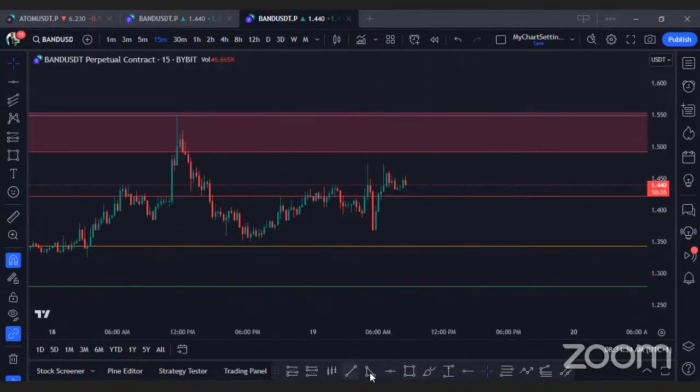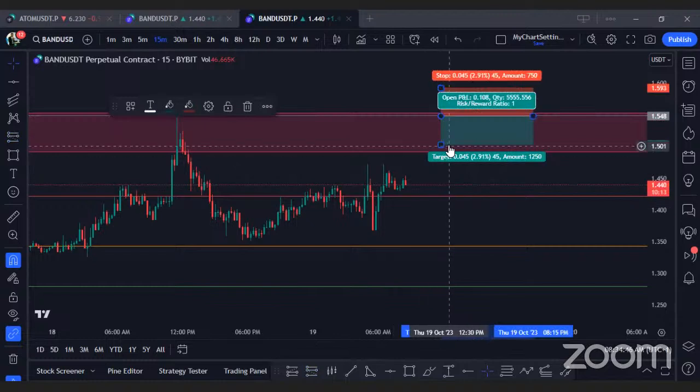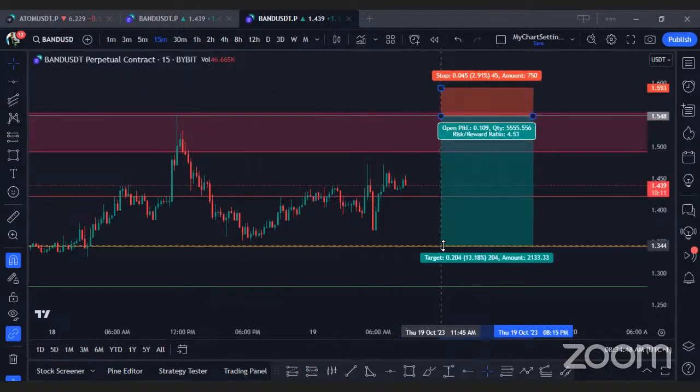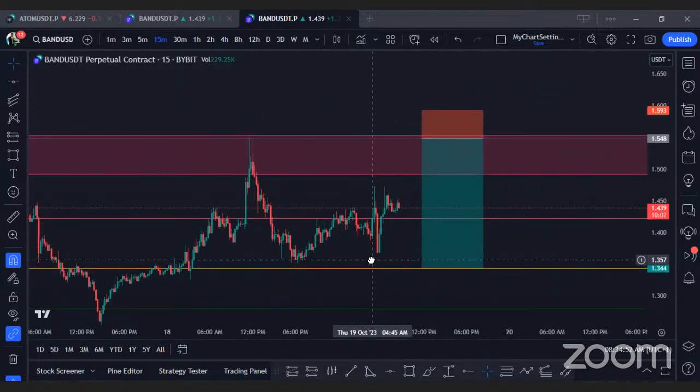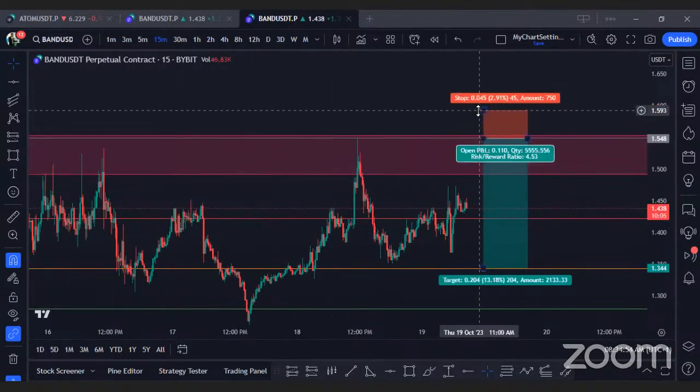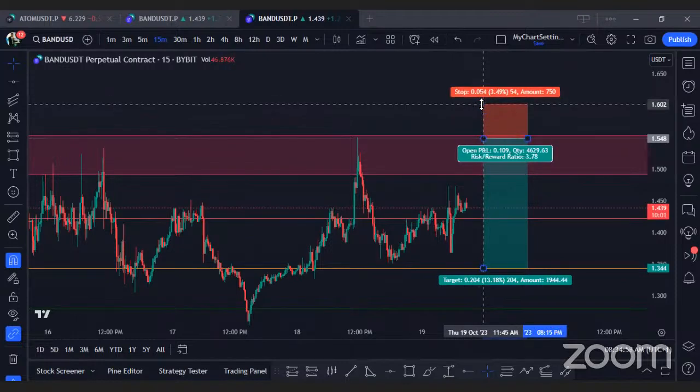Be looking at taking a short trade until we break above that level. I'll put my short entry there, in case we wick up to that level again, and then target this 238 level. That's the level I'm targeting, and then put your stop loss slightly above that area, maybe 1.6, guys.